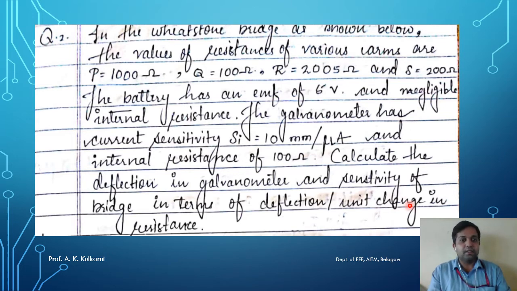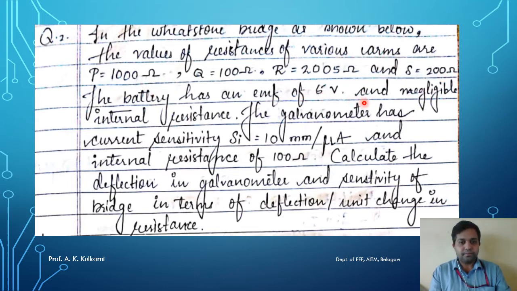The problem statement is like this. In a Wheatstone bridge, as shown below, the values of resistance of the ratio arms P and Q are 1000 ohm and 100 ohm respectively. The unknown resistance arm value R is 2005 ohm, and S is equal to 200 ohm, and it has a battery of 5 volts.